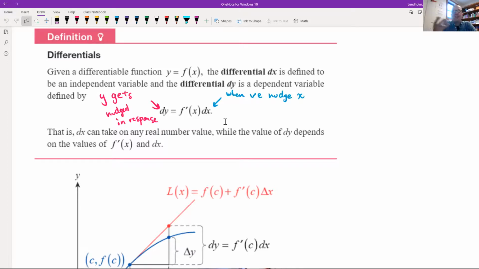And the actual way that these differentials are defined in our book is by this equation, and the derivative shows up here as the rate between a nudge in x and a nudge in y. So the rate at which a nudge in x affects a nudge in y.